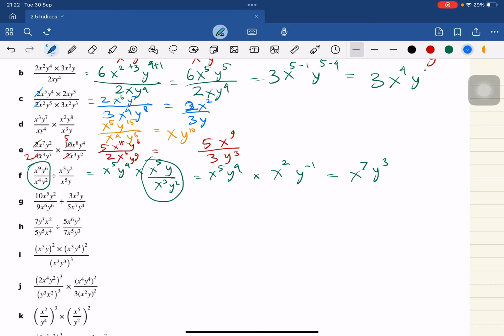Next for G. Okay, division. So this we need to flip. Before we flip, okay, we can flip it now.